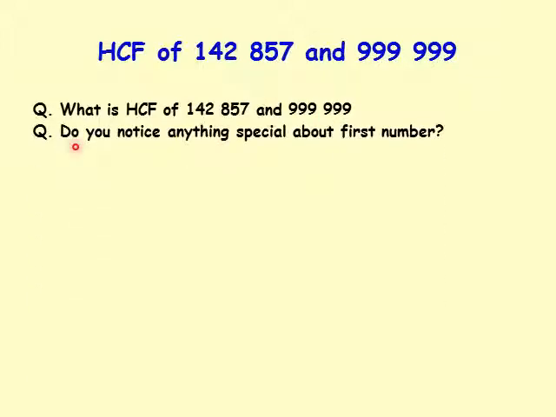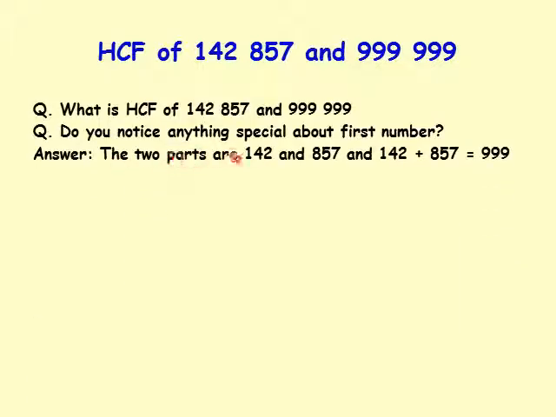Do we notice anything special about the first number? The first number is 142857. Anything special about this number? The two parts are 142 and 857.